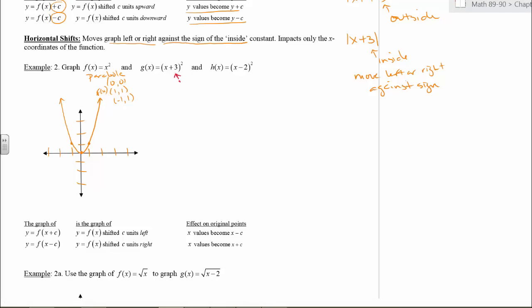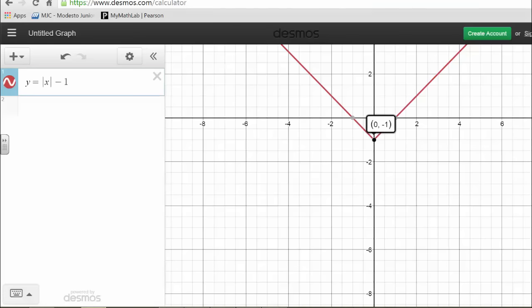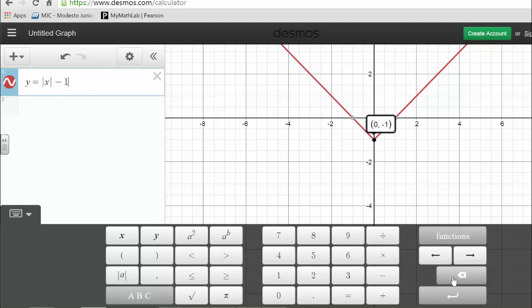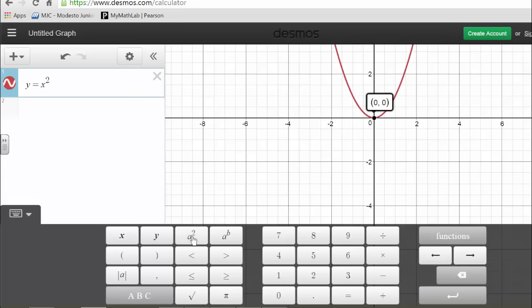Well, let's go look on Desmos. So now I'll come back, erase what we had here, and let's just do x squared. So there's x squared. Now let me do another one.